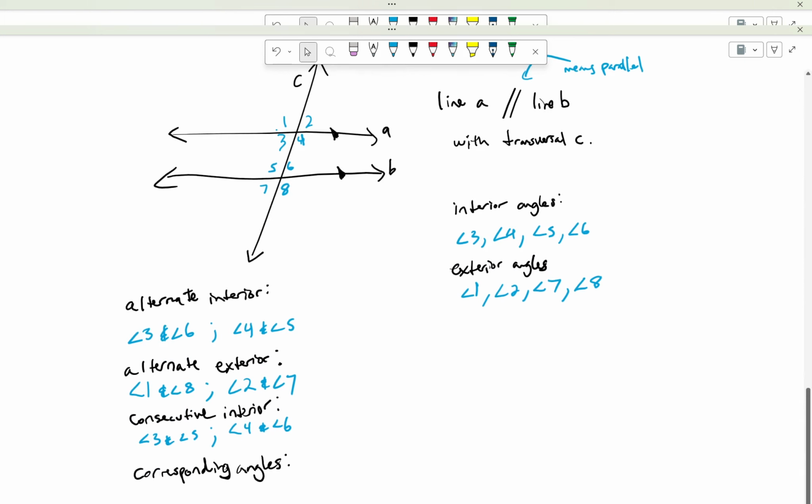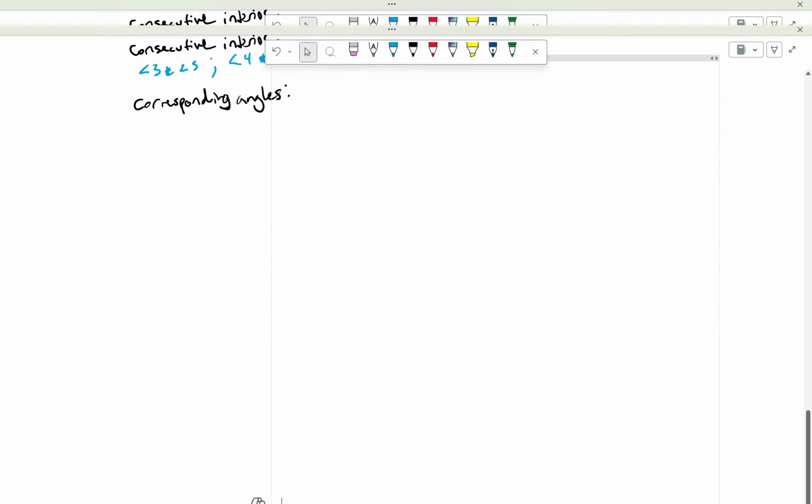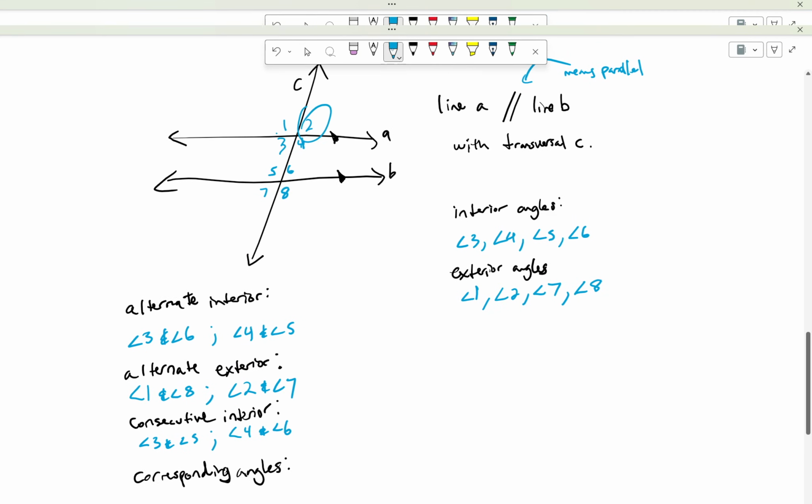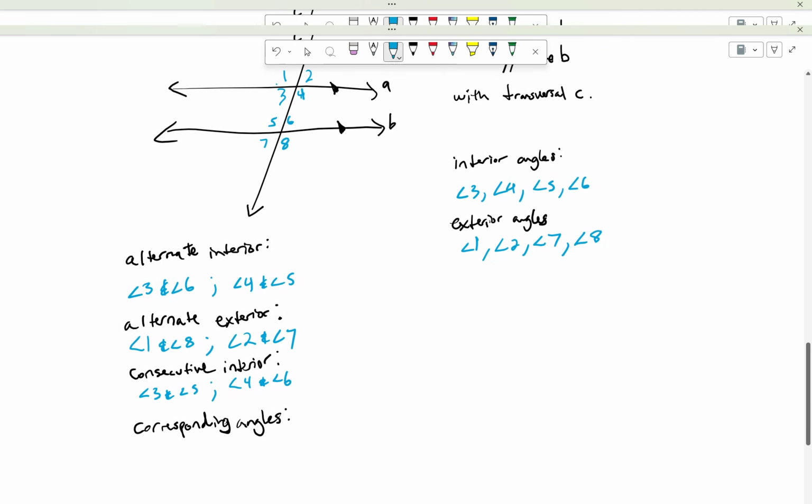Okay. And last but not least, we have the corresponding angles. Okay. One will be interior, one will be exterior. So it's what's going to correspond and formed off of the transversal on the parallels. Okay. It would be this. 2, 6. Okay. These guys will be corresponding.